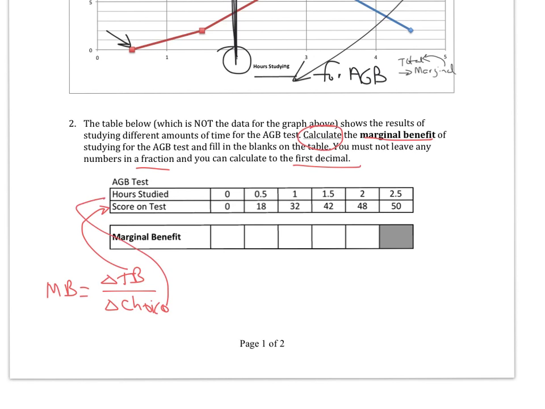Choice variable is your hours studied. So you're going to calculate the marginal benefit from these, because you always have to use pairs of points, pairs of ordered points, okay?